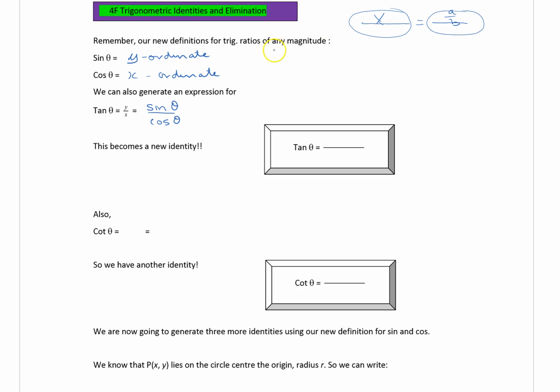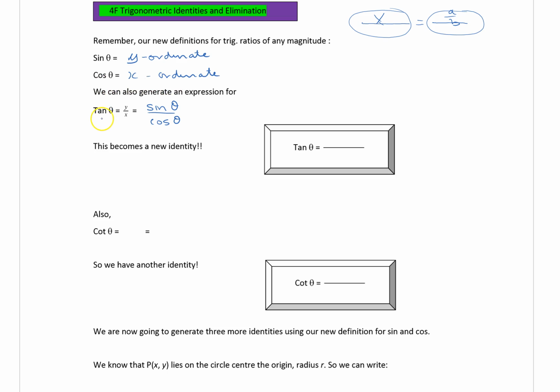What will be new are the actual identities, what things are equal. So it's based on our new definitions, based on the circle representation, and that we found that sine of theta was the y-ordinate of a point on the circle and cos was the x-ordinate.